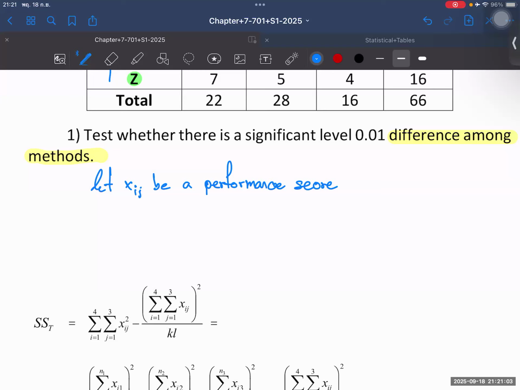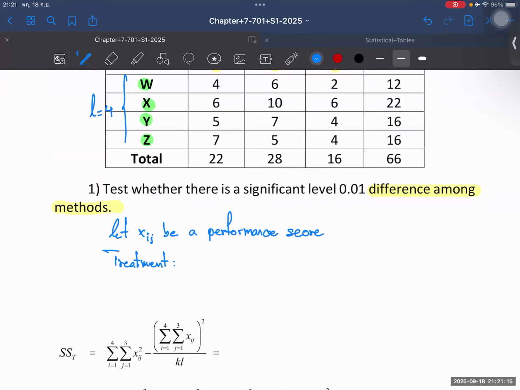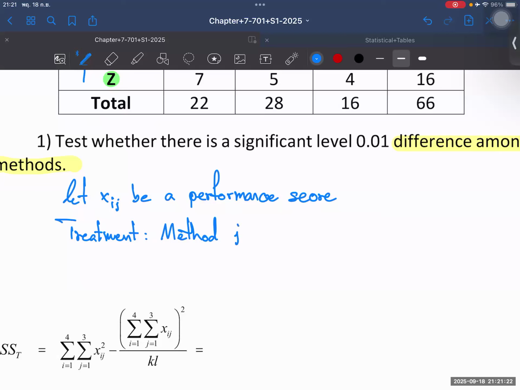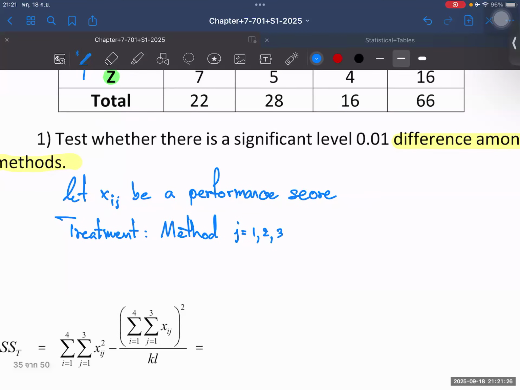So treatment is method. The method is j equal to 1, 2, 3, and we have k equal to 3.